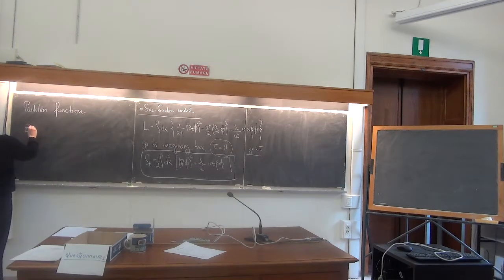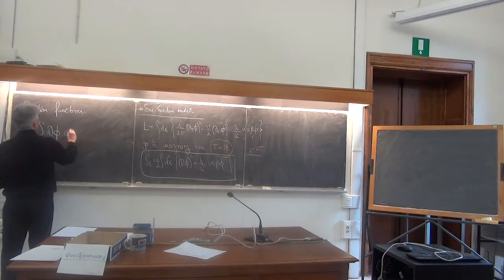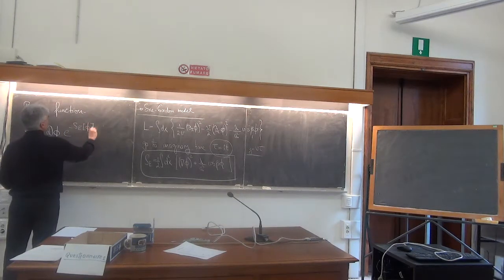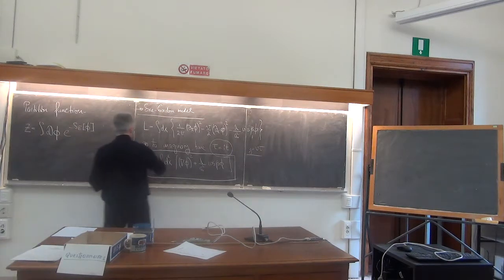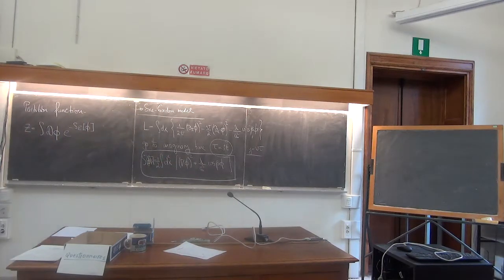So Z is the path integral over phi of e to the minus Euclidean action of phi. This is a function of the field.